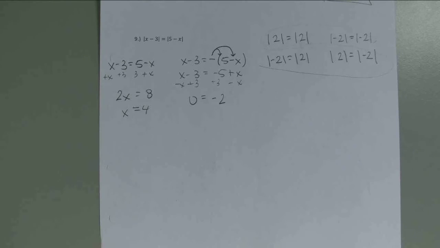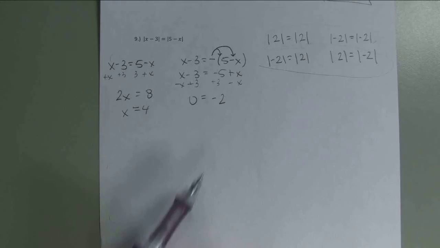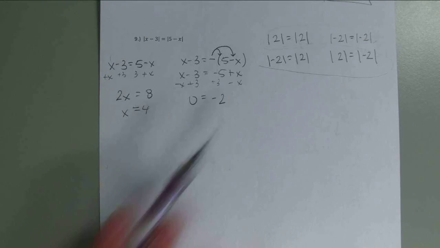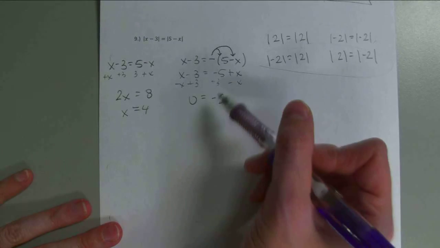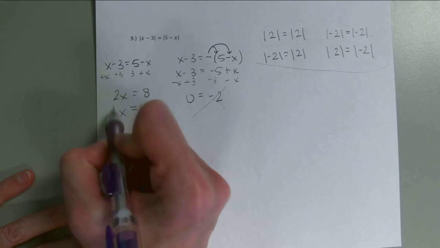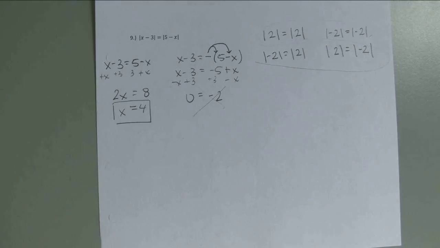On the right, what you have to do is make sure you distribute that negative, but the second you distribute that negative, you change the sign of your x, so when you move it over, they cancel each other out. And so I just come over here, is this a true statement? Does 0 equal negative 2? No. So that's just not part of your solution, and x equals 4 is your only answer there.